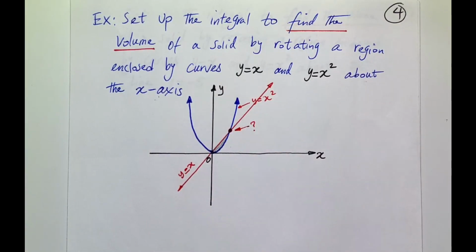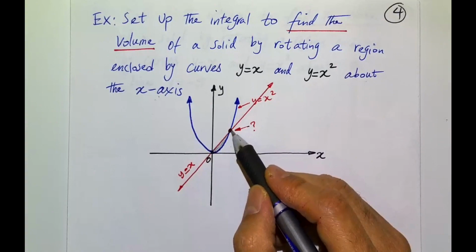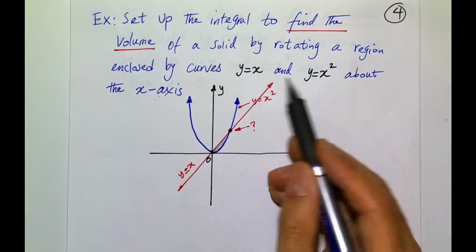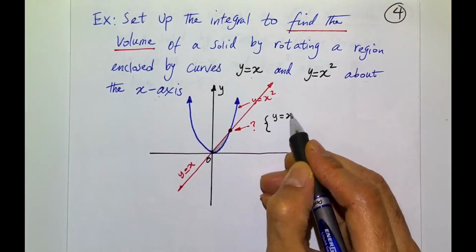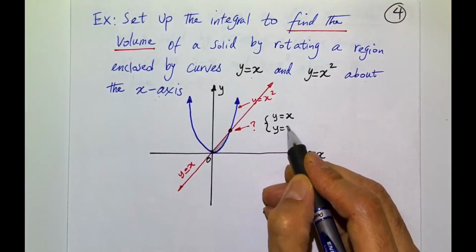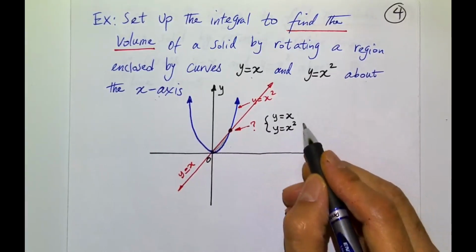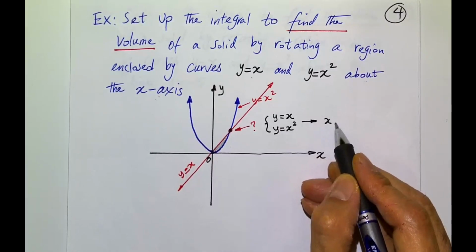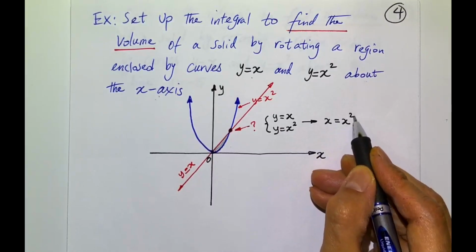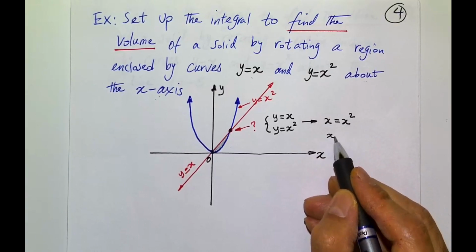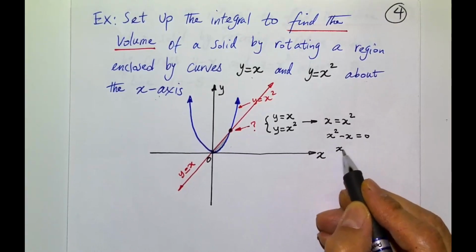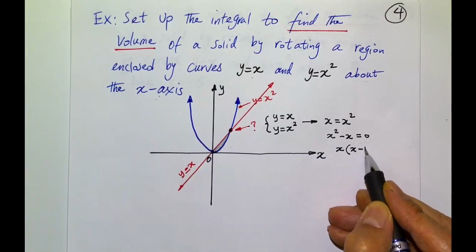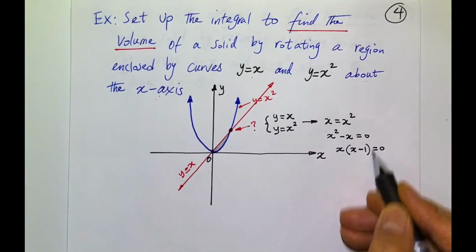Well, we know that point is the intersection of these two curves. So we can set it up like that, y equals x squared, and from that we can say x equals x squared. Then x squared minus x equals 0. Factoring the x out, we get x times (x minus 1) equals 0.